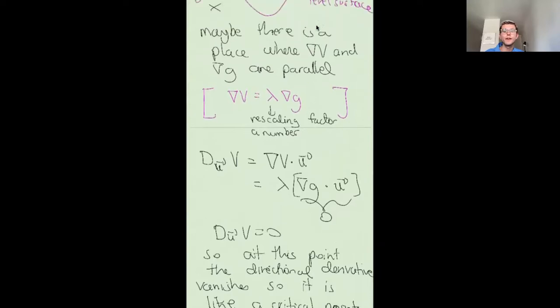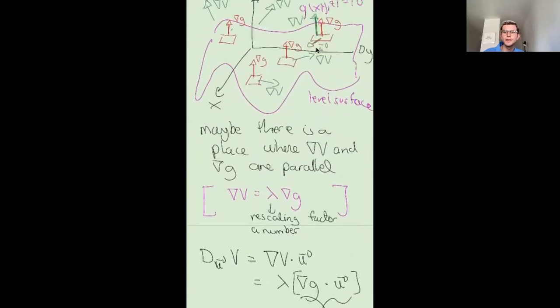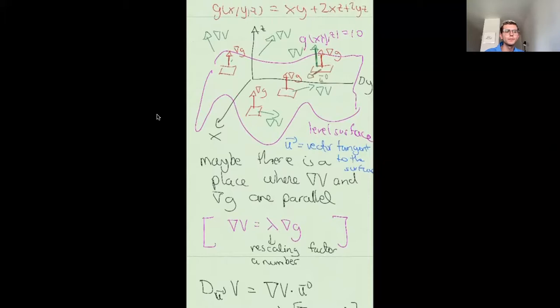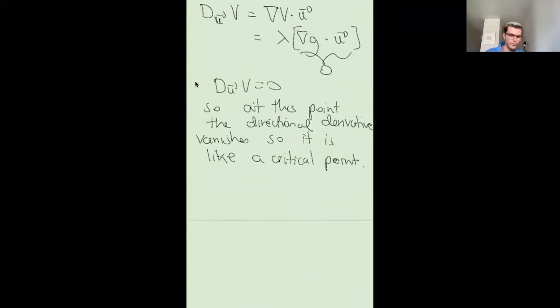Oh, U is just a vector. Sorry, I should have said that U is a vector which is tangent to the surface. It's a unit vector, yes. Let me do a different picture.